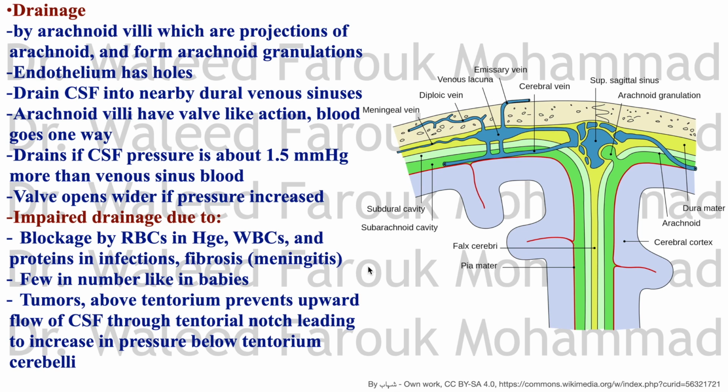And if they are few in number, like in newborns, for example, or in case of tumors, especially above the tentorium cerebelli, that prevents upward flow of CSF through the tentorial notch, leading to increased pressure below the tentorium cerebelli.